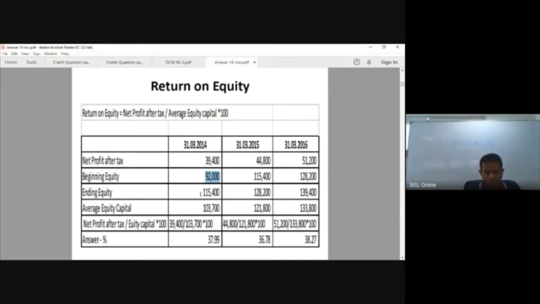Similarly, this ending equity will be the beginning equity of 2015, and the ending 2015 equity will be the beginning equity of 2016. Right. Take the total, take the average, and calculate the return on equity.